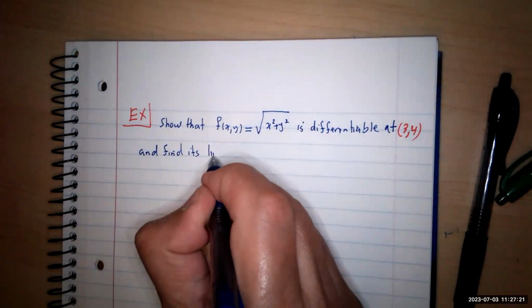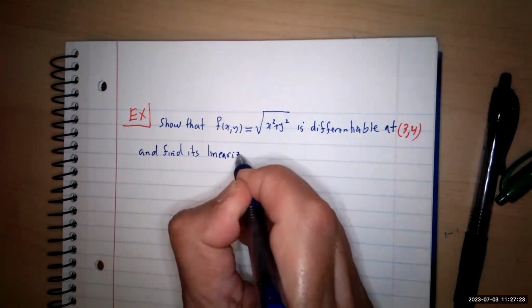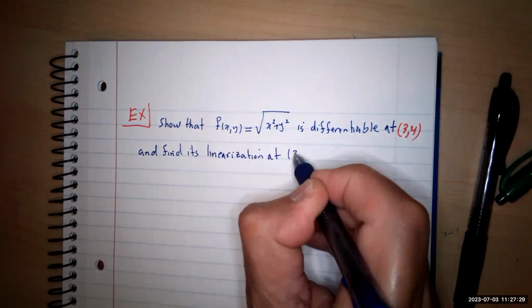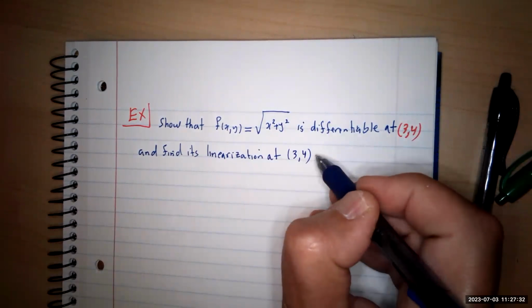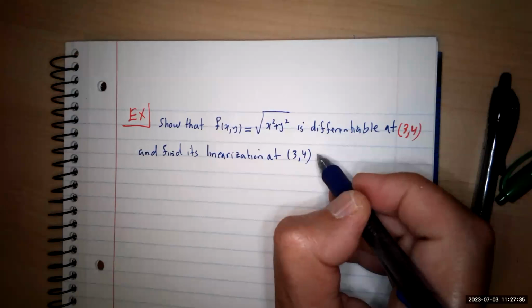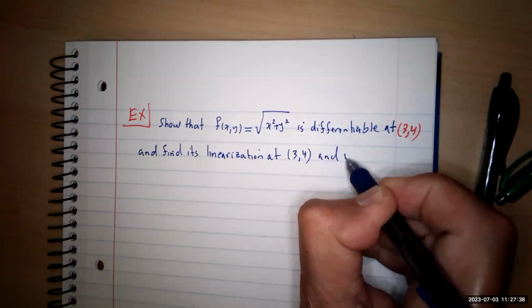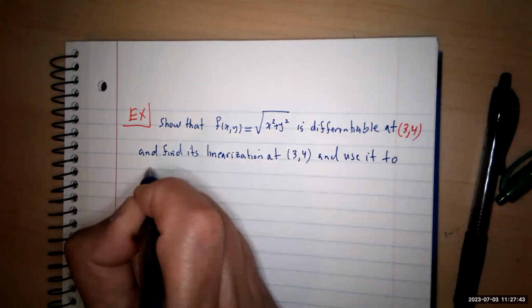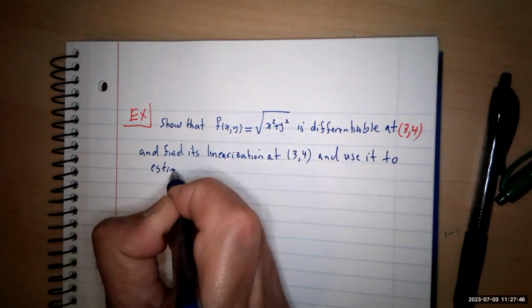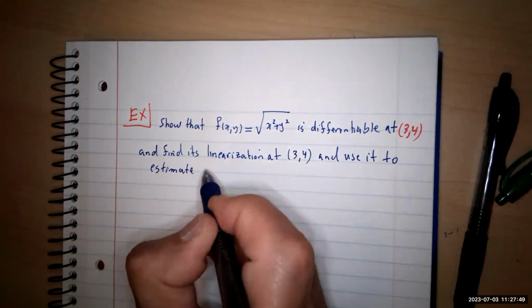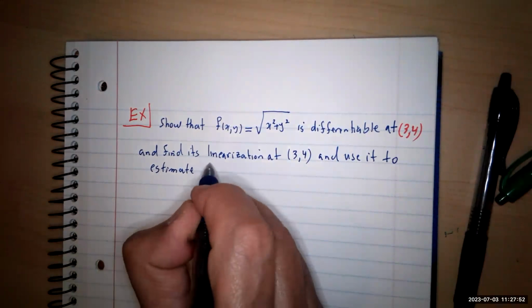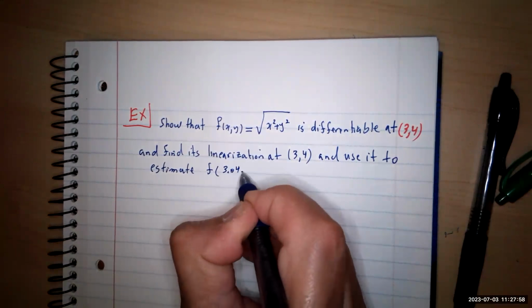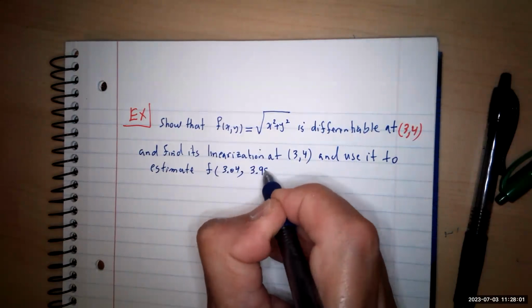It's a linearization at 3, 4. Then use it to approximate, to estimate, the value f at the point 3.04 comma 3.98. That's it.